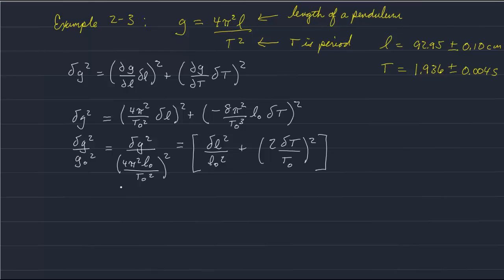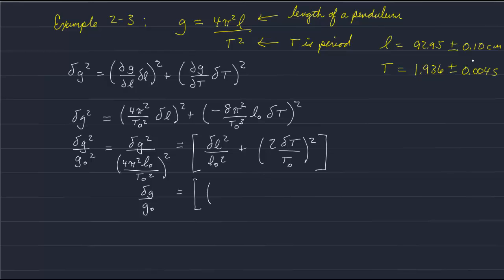And if we plug in our numbers, we get that delta g over g naught is equal to the square root of the sum of these two terms here.